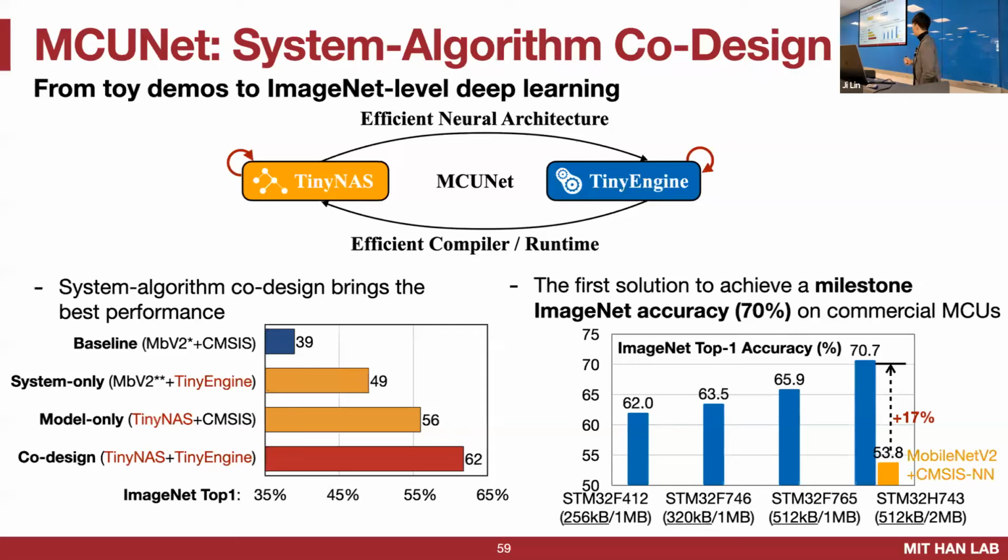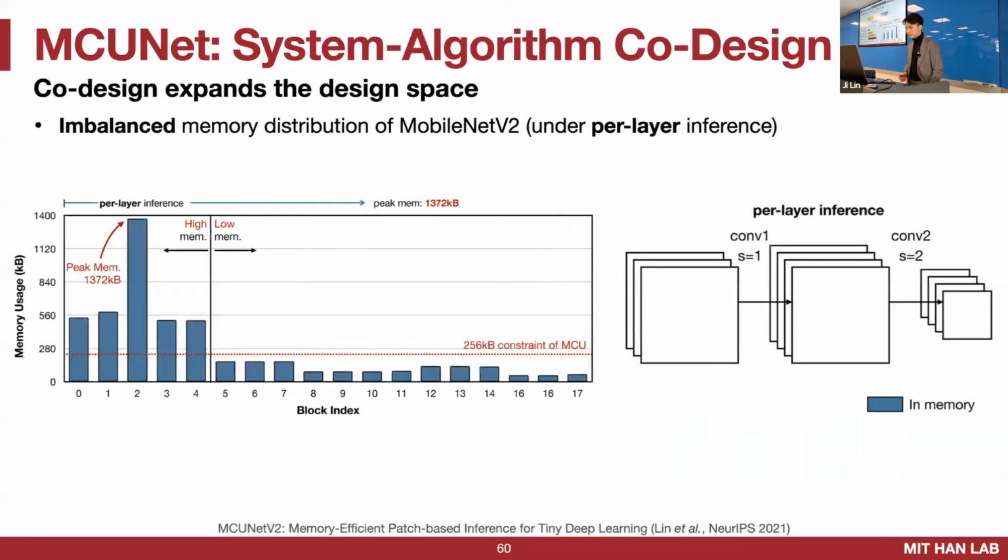And actually, our solution is the first to achieve a milestone ImageNet accuracy of 70% on commercial microcontrollers. Compared to a previous solution on the same hardware, we are getting 17% accuracy improvement. We think this is an important milestone, just like VGG in the age of GPU computing and MobileNet in smartphone deep learning.